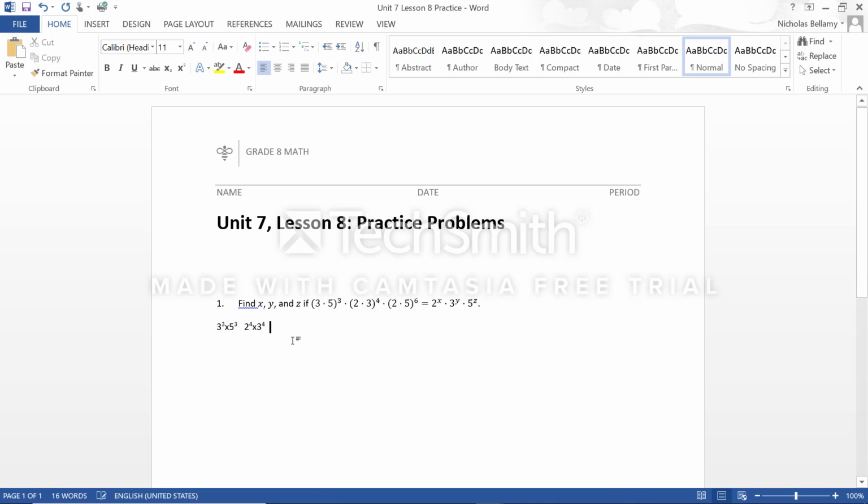Okay, and then this is going to be 2 to the sixth power times 5 to the sixth power.